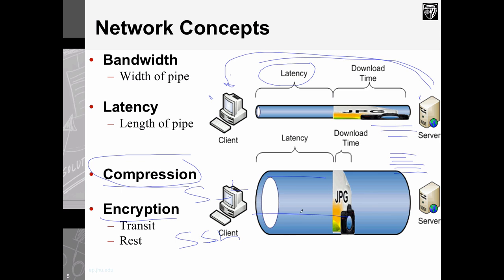In case there is a malicious user or a hacker trying to watch this traffic going back and forth, he won't be able to understand what's going on, because the client and the server have agreed to encrypt this channel of communication.